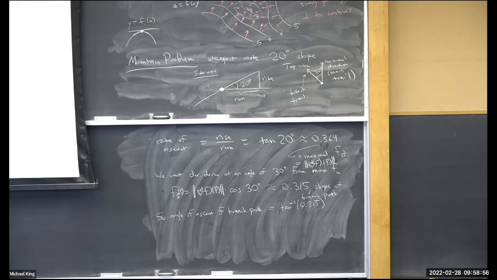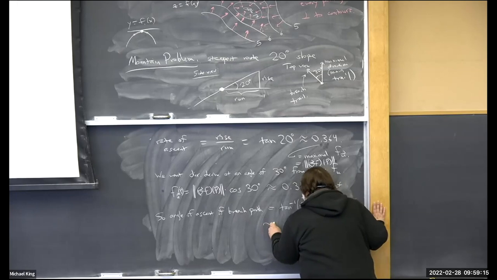I'm just going to type it in. Arctan 0.315 in degrees. And we get 17.484 degrees. About.